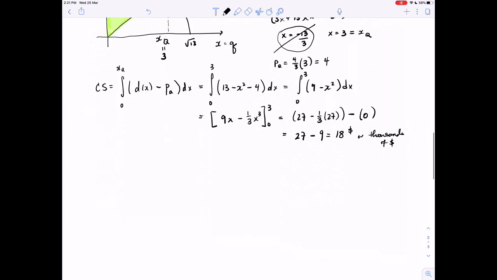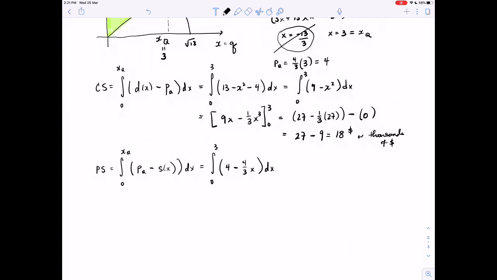So that region in green is the producer surplus, and that formula is the integral from 0 to x sub q, of the equilibrium price minus the supply curve, dx. So filling in those values, the integral from 0 to 3 of the equilibrium price, 4, minus the supply curve, 4/3 x, dx.